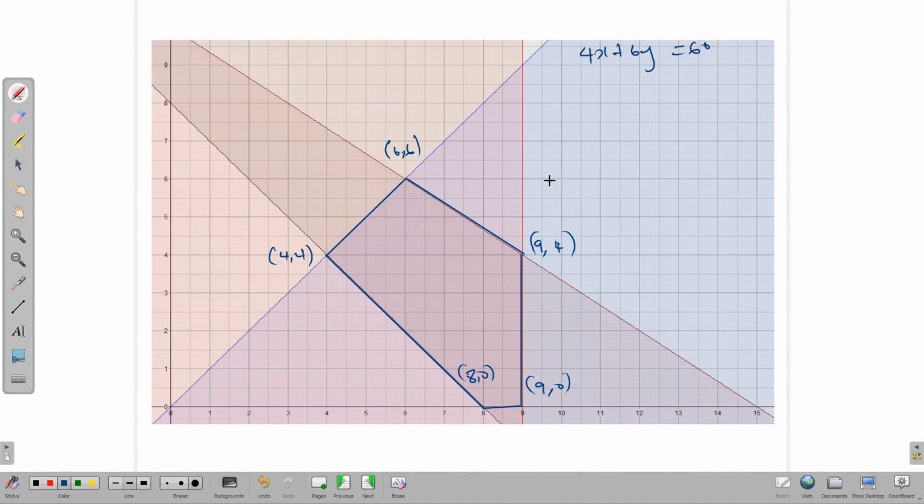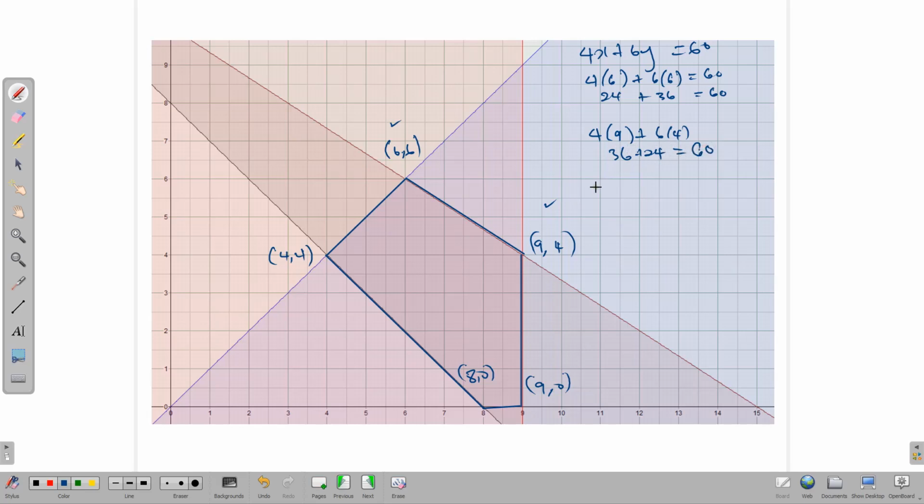Now, which of these combinations can work? By playing around with them, you'll realize that this one and this one are the ones that work. 4 times 6 plus 6 times 6 gives us 60, because 4 times 6 is 24 plus 36, and that gives us 60. And the other one, 4 times 9 plus 6 times 4: 36 plus 24 again gives us 60.